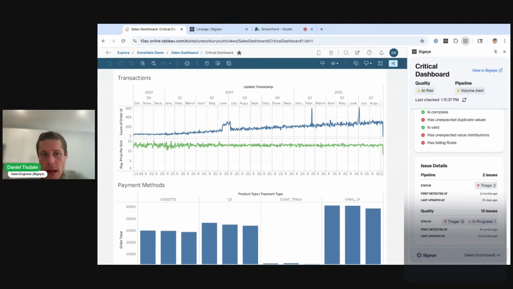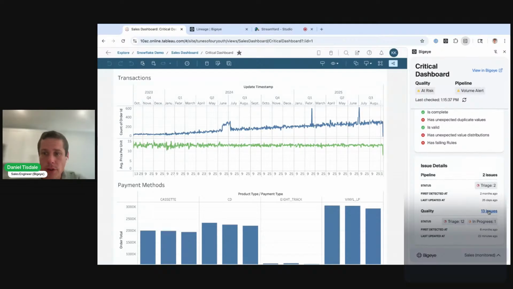Pipeline issues are going to be freshness and volume based issues. So did the data pipeline run? And if it did run, were the number of records that were loaded in during that run within the expectations, or the correct threshold? We leverage some machine learning to help you understand what those thresholds should be.